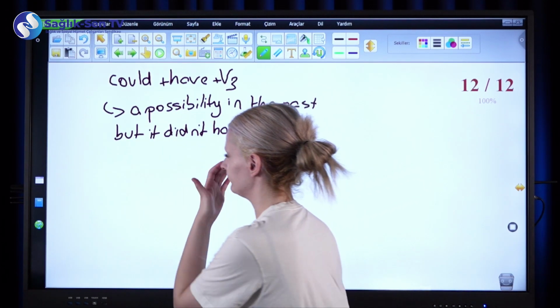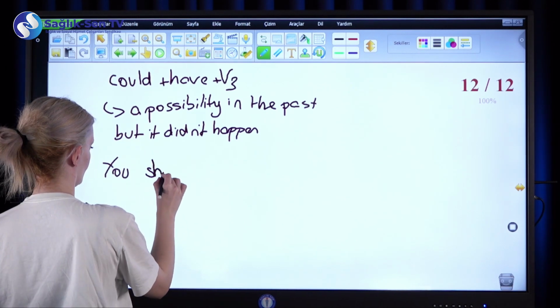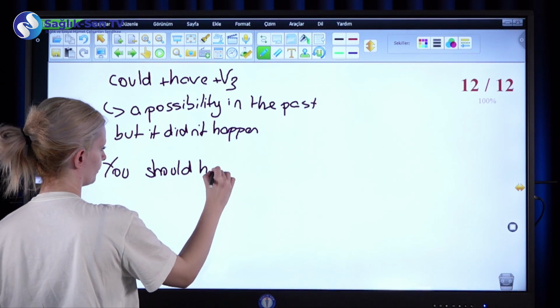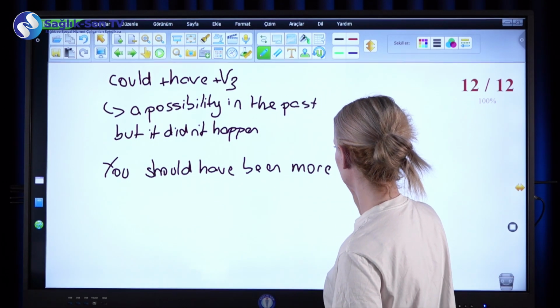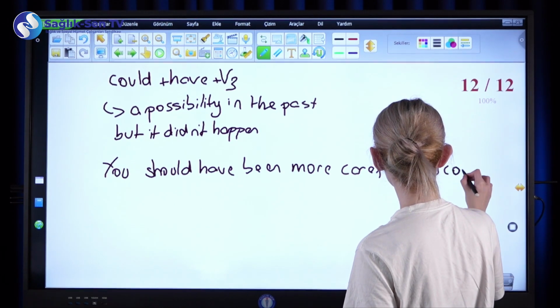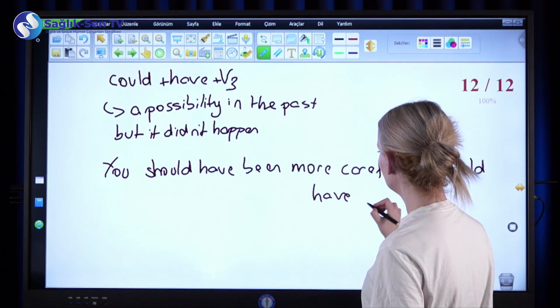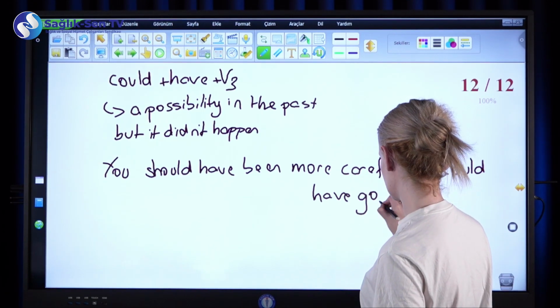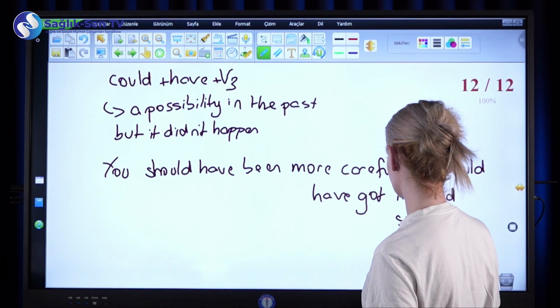What does it mean? For example, you should have been more careful. You could have got injured seriously.